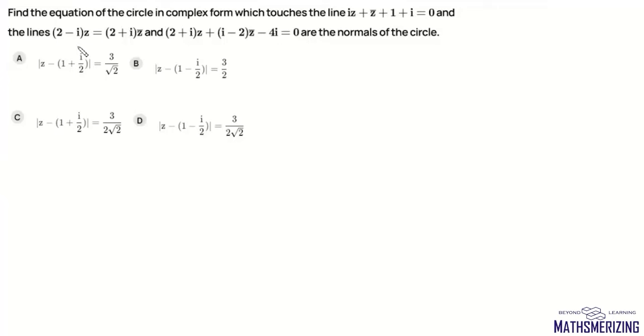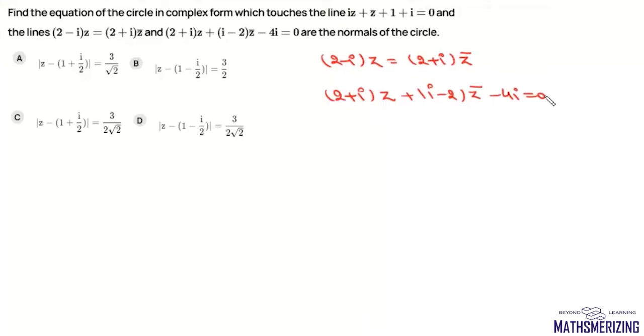So what we'll do is, we'll solve these two equations, which are 2 minus iota Z equals 2 plus iota Z bar and 2 plus iota Z plus iota minus 2 Z bar minus 4 iota equals 0 to find center of the circle.